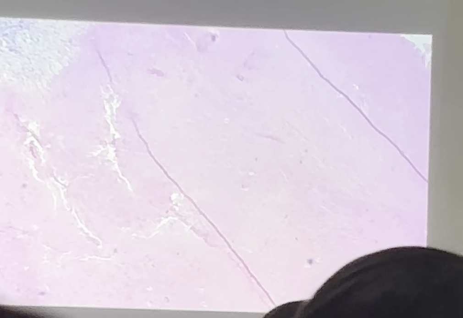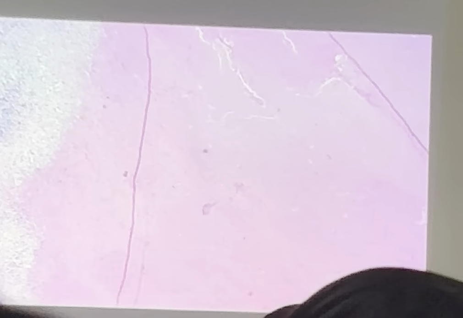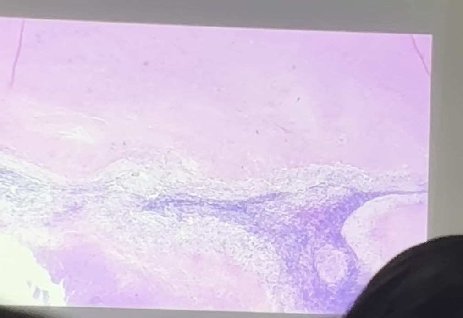So when you see the cheese-like stuff, the white friable material, that's this pink amorphous stuff that's coming out. It's caseous necrosis. So what conditions do you see caseous necrosis? Tuberculosis. Tuberculosis is the number one. Okay. But it's also seen in other conditions, like fungal diseases.